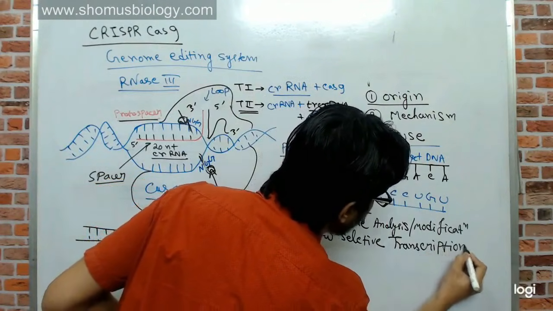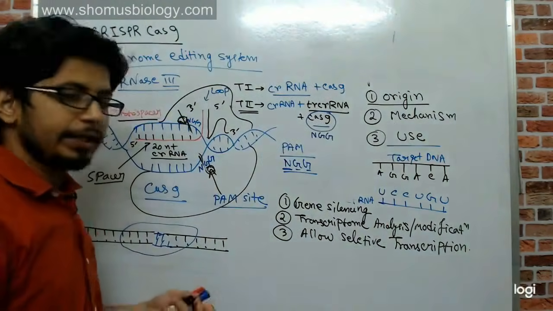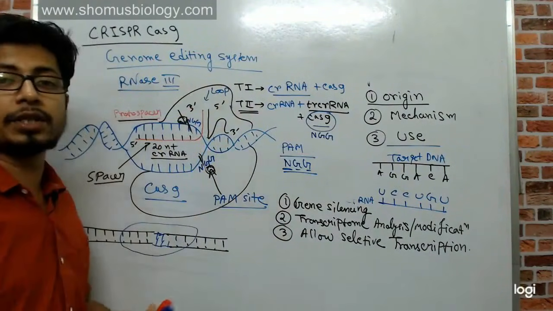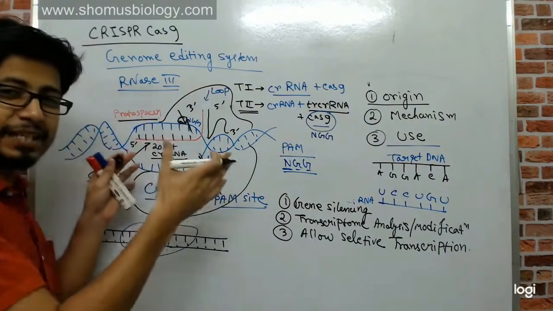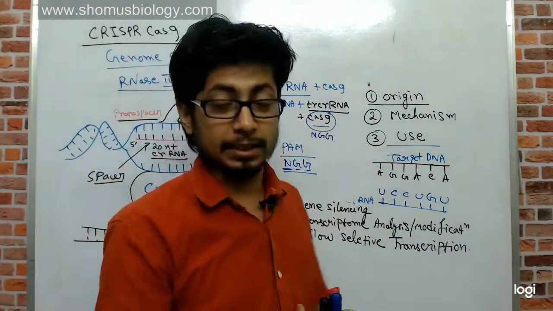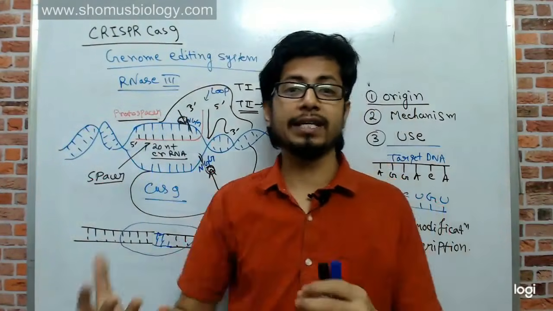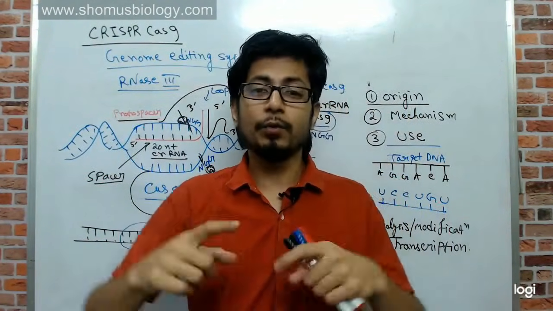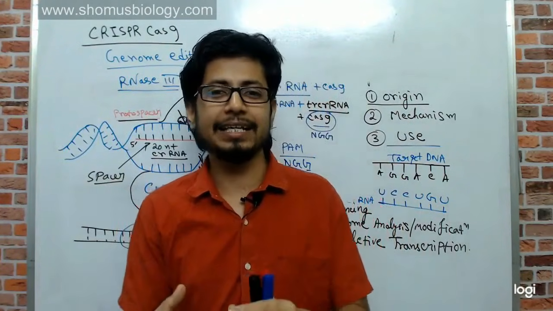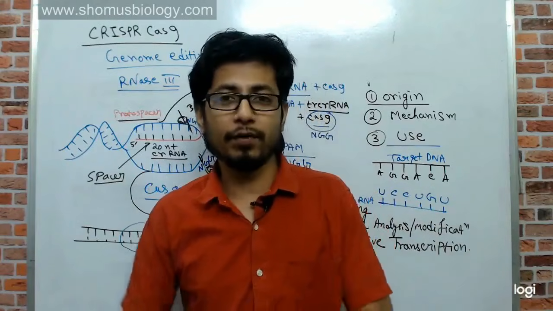Selective transcription is allowed. Similarly, we can also add some inhibitory components to prevent the transcription of a specific region of the DNA. Let's say, along with this CRISPR-Cas9 system, if we add proteins like histone deacetylase enzyme, which will allow the DNA to be recoiled on the histone octamer, then the DNA will not be available for transcription.